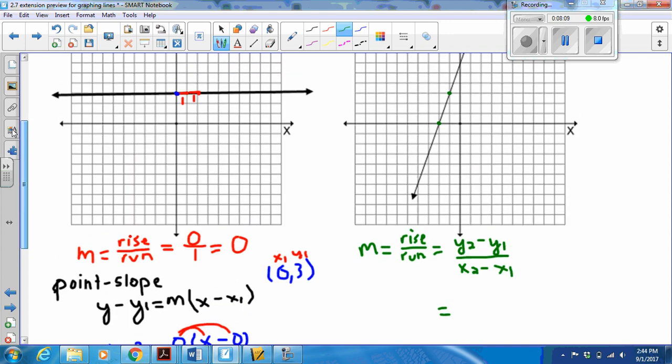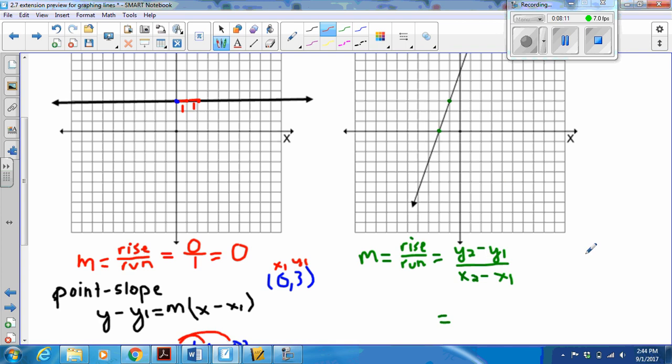Now let me write out what my 2 points are. My first one, if I look, is negative 2, 0, okay? And then my other point is this. Let's see. So we have negative 1, up 1, 2, 3. So negative 1, 3. Okay.